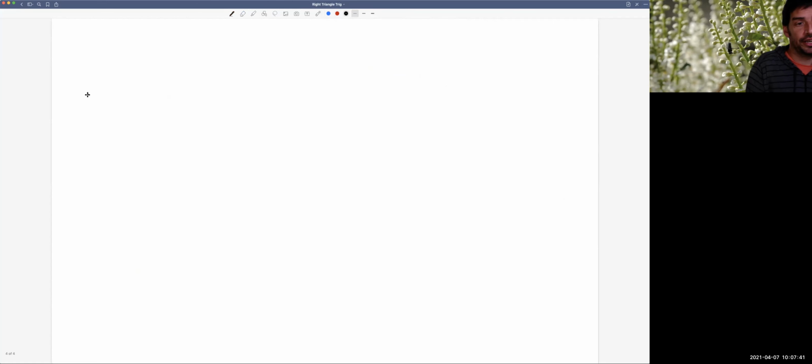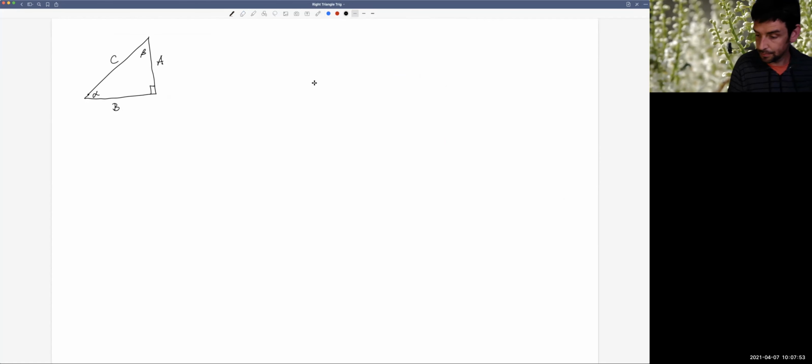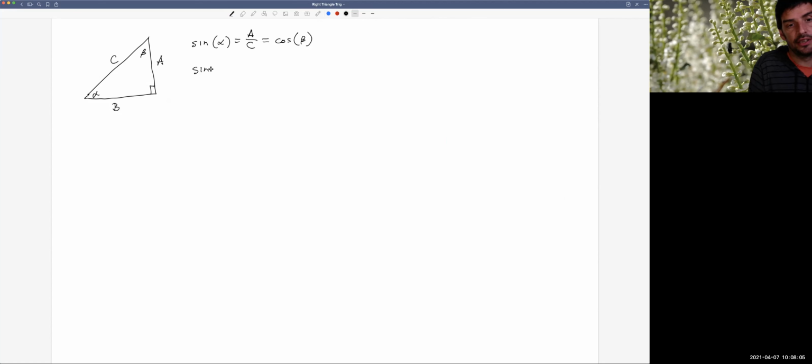If we have a right triangle, so I'll do alpha, beta, A, B, C. We see that the sine of alpha is A over C, which is the same as the cosine of beta. Or the sine of beta is equal to B over C, which is equal to the cosine of alpha.